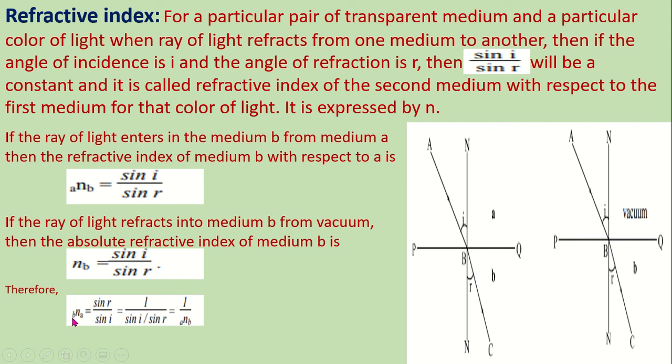That means the refractive index of medium A with respect to medium B is reciprocal to the refractive index of medium B with respect to medium A. So if you know the refractive index of medium B with respect to A, then you can calculate the refractive index of medium A with respect to medium B, because they are reciprocal to each other. So we can write bNa equals 1 by aNb, or aNb equals 1 by bNa. Is this clear to you?